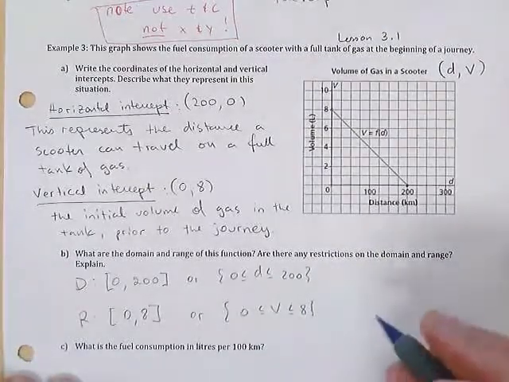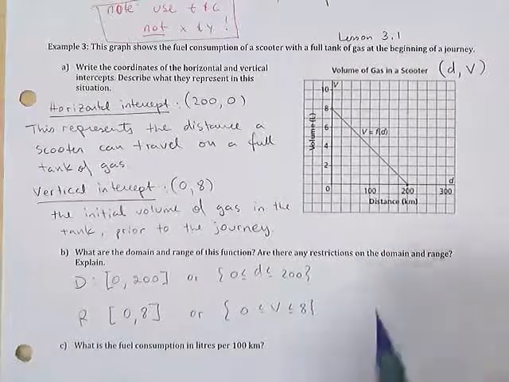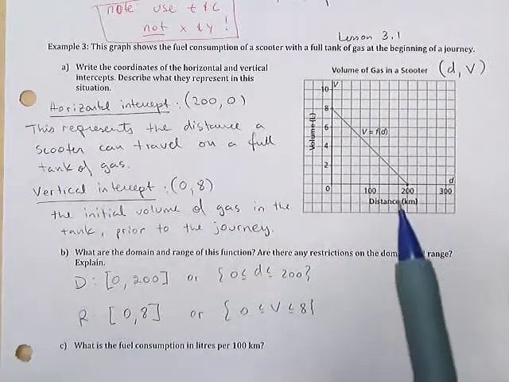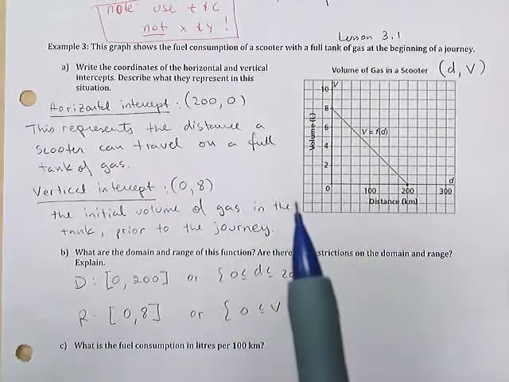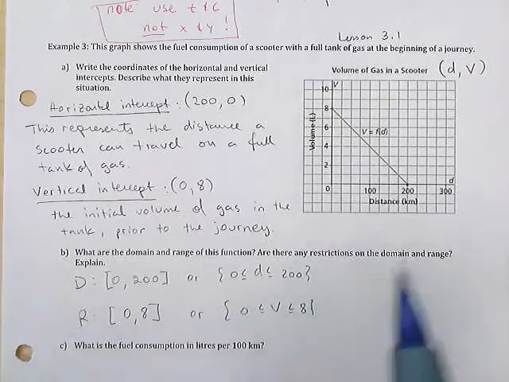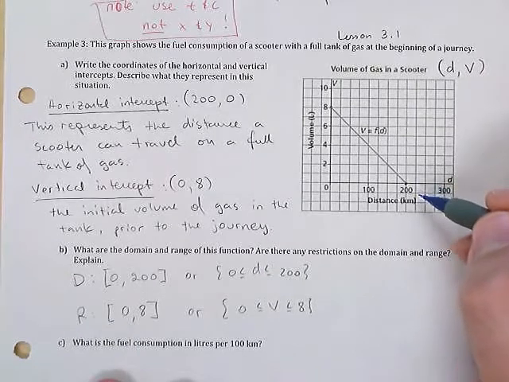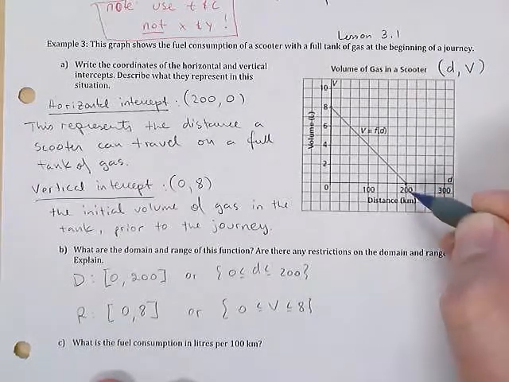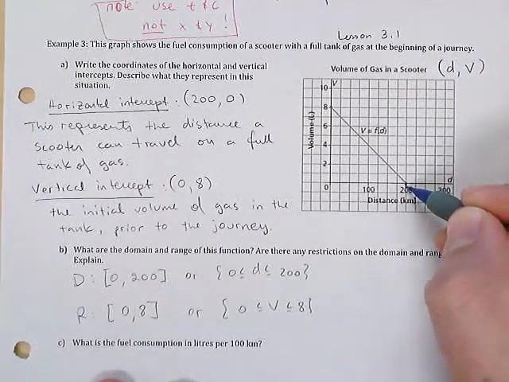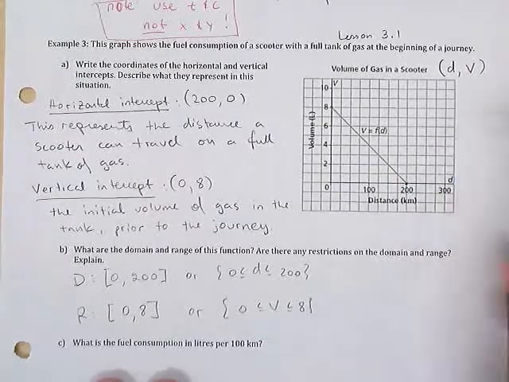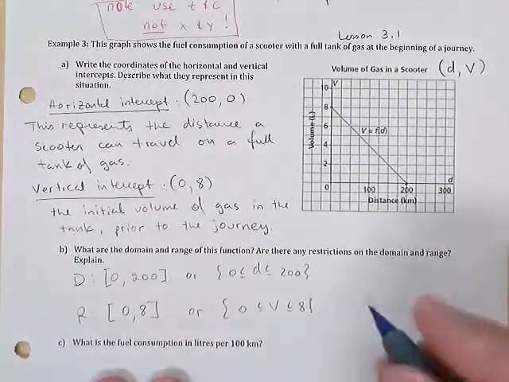Okay. What are the restrictions on the domain? What that means is, in this case, you couldn't have a negative value, for example, when it comes to volume. Like this line could not continue here. You'd have to restrict it to stop right there. When you're empty, that's it. You can't have a negative volume, right? And so there is a restriction on this word problem, and the domain and range take care of that.